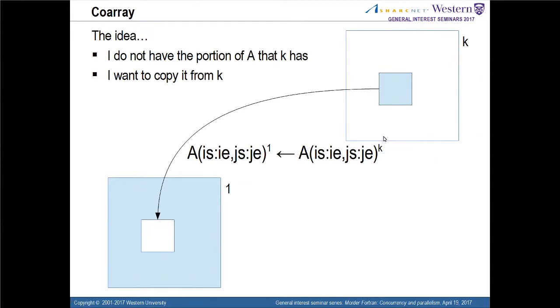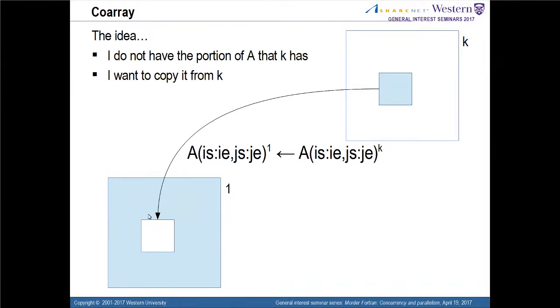Here we're looking at two processes, process 1 and process K. Process K is holding a chunk of data, in light blue here, that process 1 doesn't have.